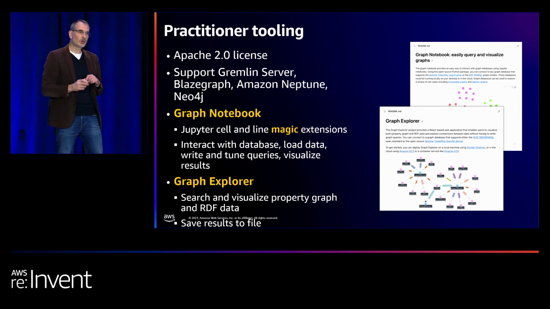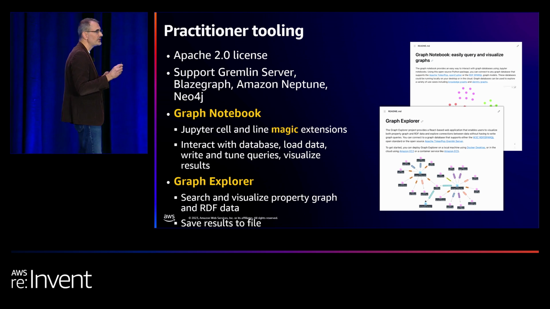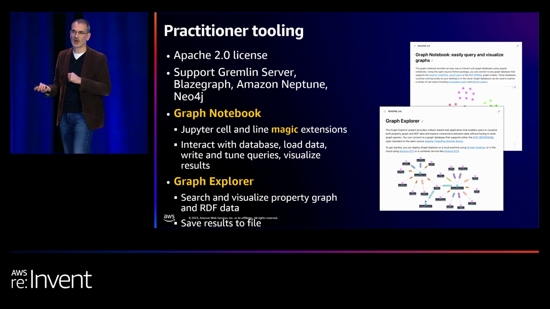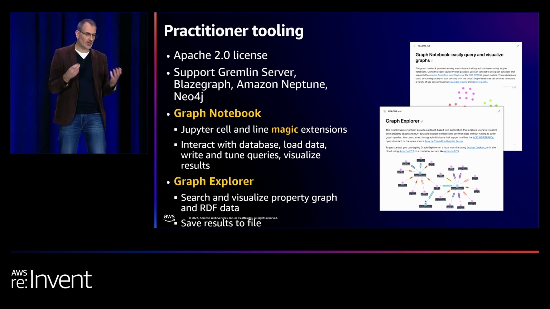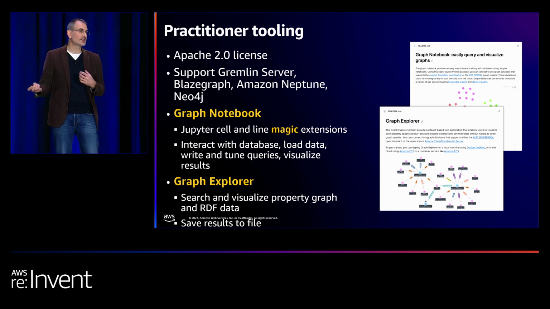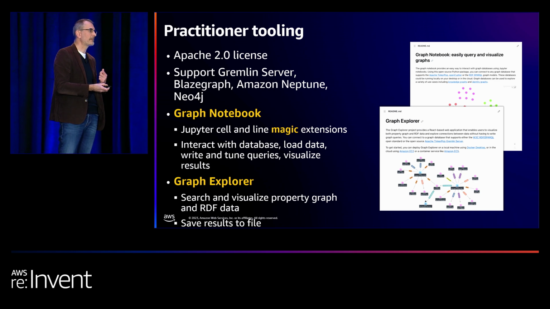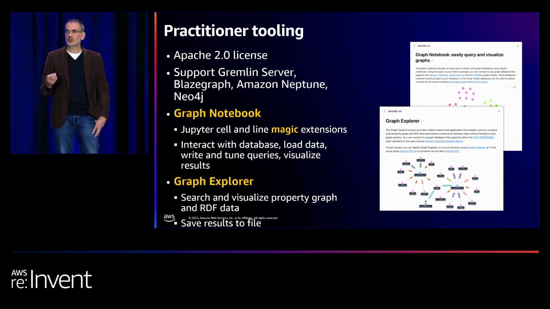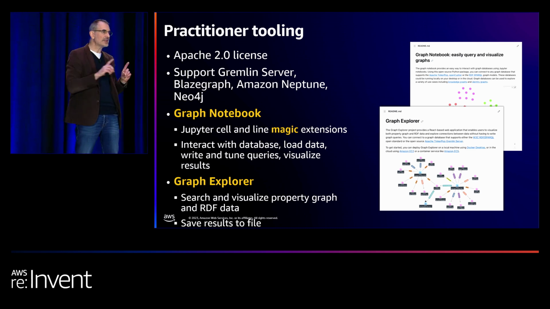The Graph Explorer provides you with a browser-based, no-code visualization environment. So it allows you to search and visualize both property graph data and RDF data. So the Graph Notebook's ideally suited for practitioners who like or need to write queries, but they don't want to write any other kind of boilerplate code.